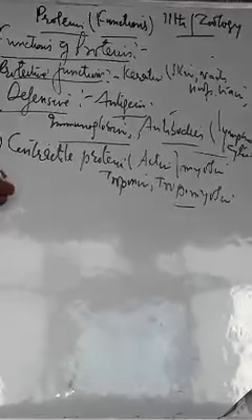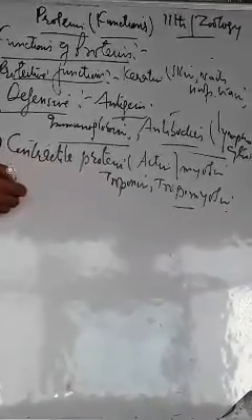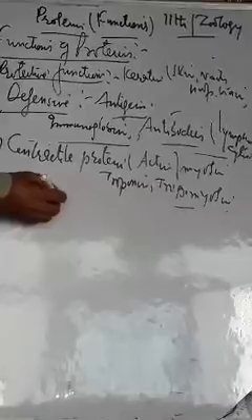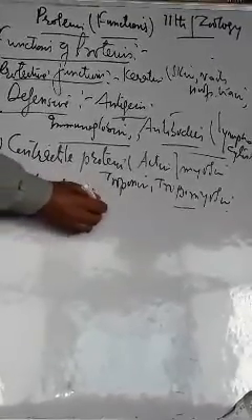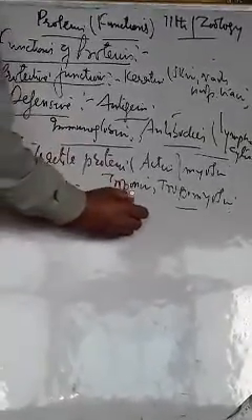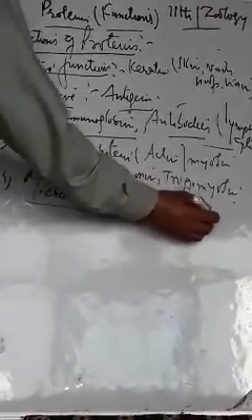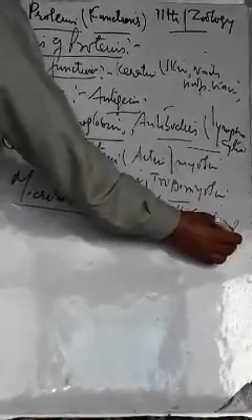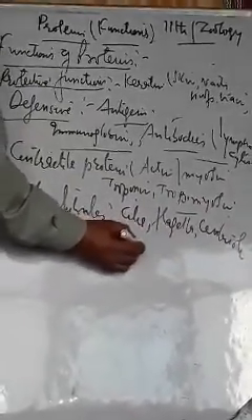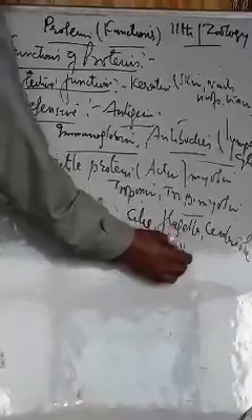You already studied that proteins form microtubules. Microtubules are present in parts of organelles of the cell like cilia, flagella, centrioles and spindle apparatus.